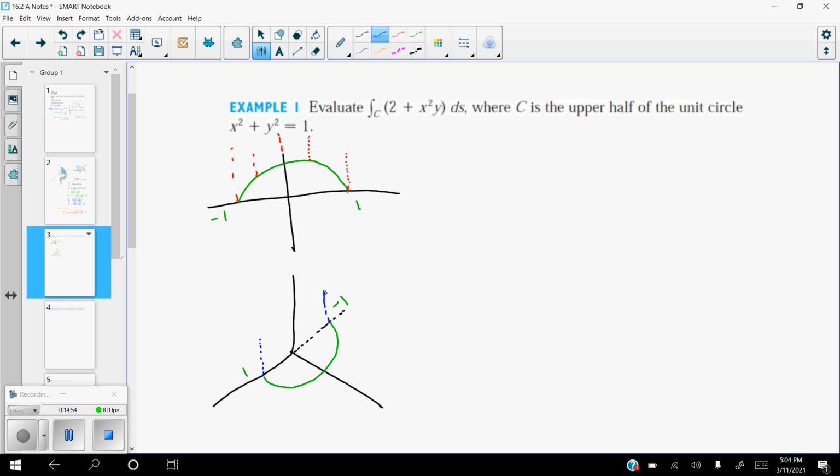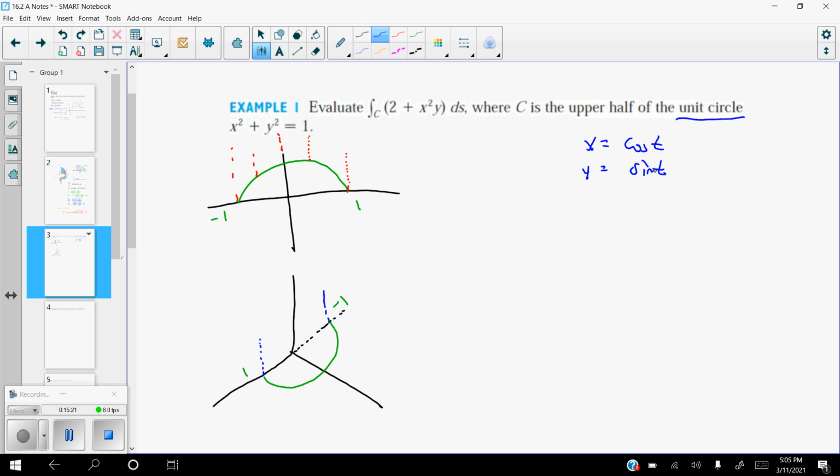Given the fact that this is part of a unit circle in the projection, to me, the easiest parametrization to do would be polar. We probably want to go ahead and put this into polar coordinates. So we're going to define x parametrically as cosine t, and y we're going to define as sine t.